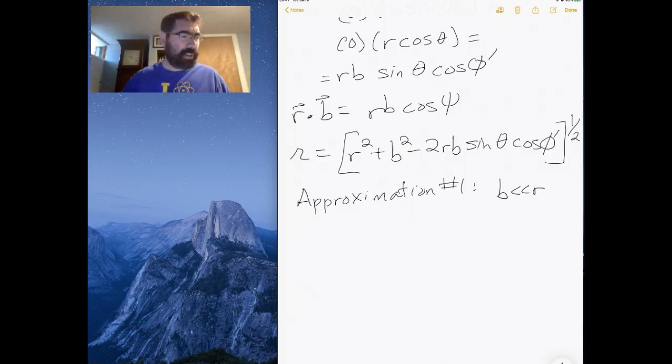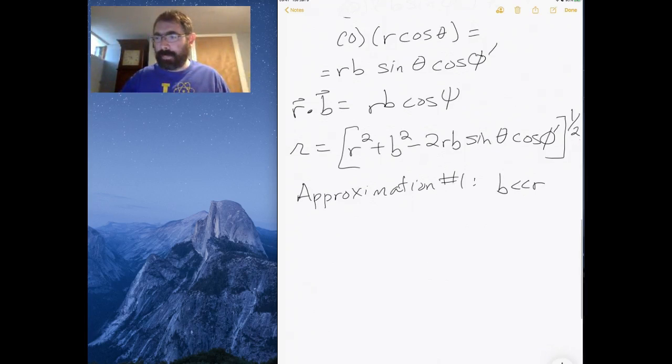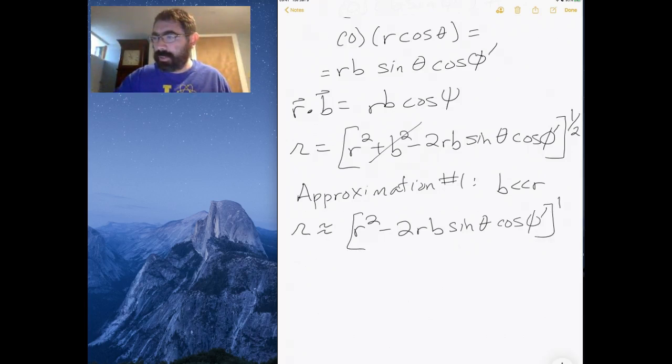So in that case, now what I can do is drop out the b squared term, and so script r is approximately the square root of r squared minus 2rb sine theta cosine phi prime. Now, I want to factor out an r squared, so I get r times the square root of 1 minus 2b over r sine theta cosine phi prime.